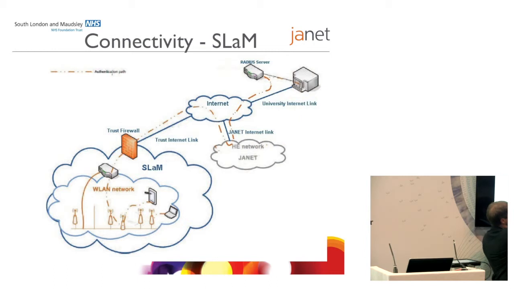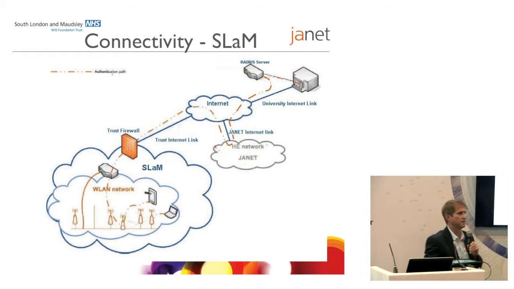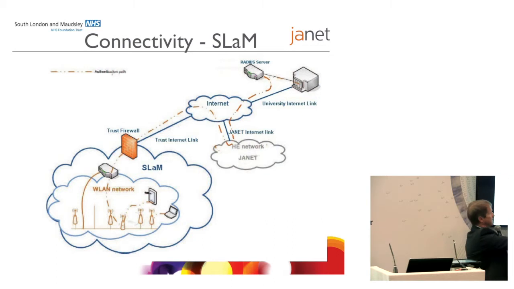But what it enables is for SLAM authenticated users to go into a university or anywhere where Eduroam is transmitted and actually get internet access. And as Malcolm's alluded to as well, we've got an APN, connectivity back, secure access.